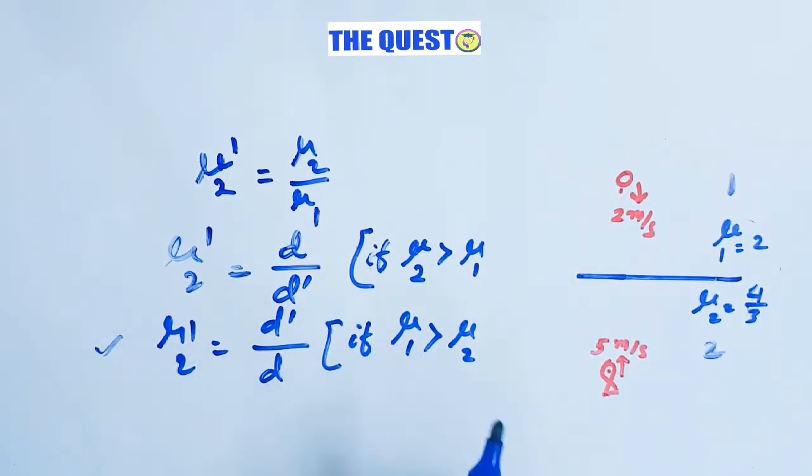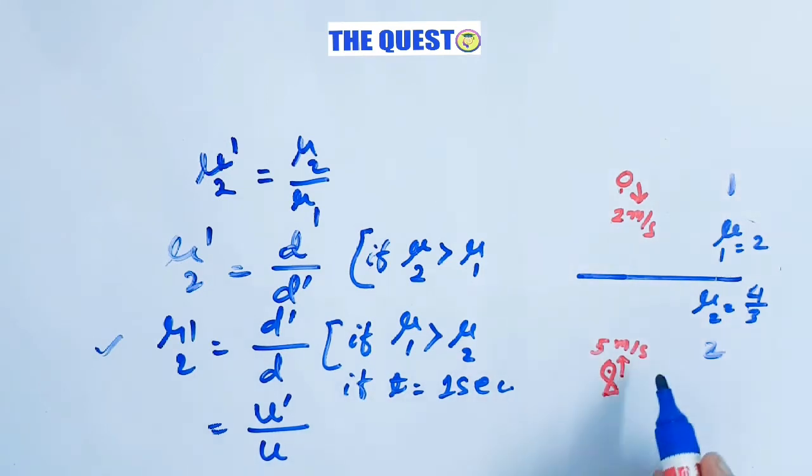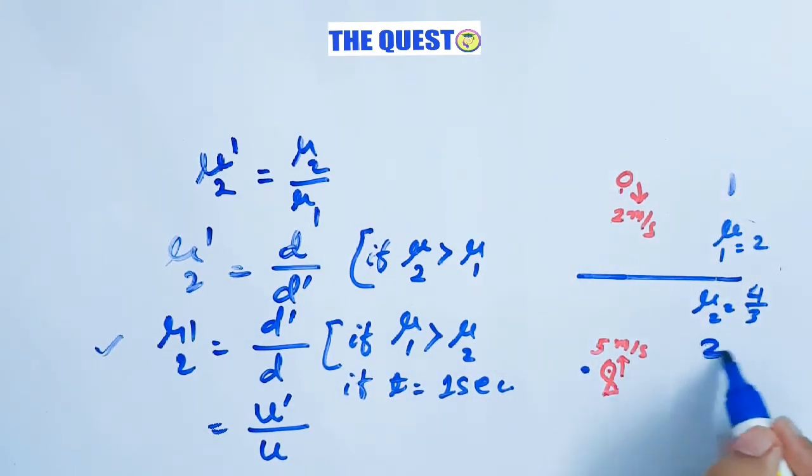So if you take the time of travel to be 1 second, then the depths will be replaced by the apparent speed of the object and the actual speed of the object with respect to a stationary object in the second medium.